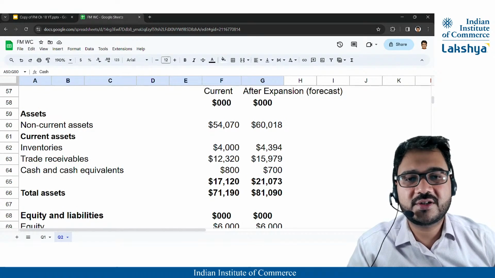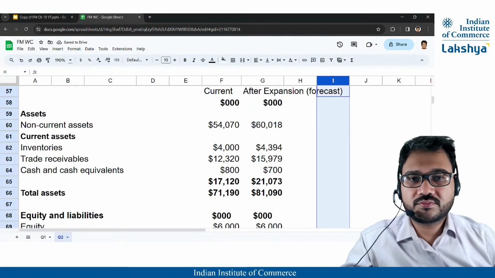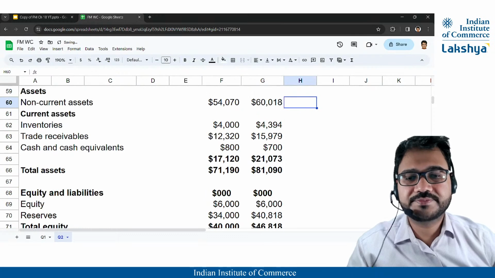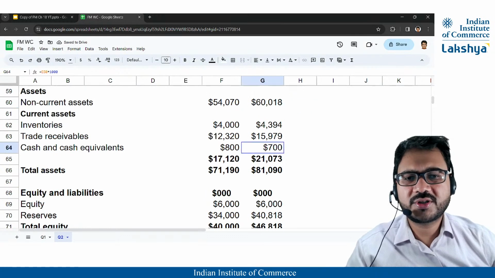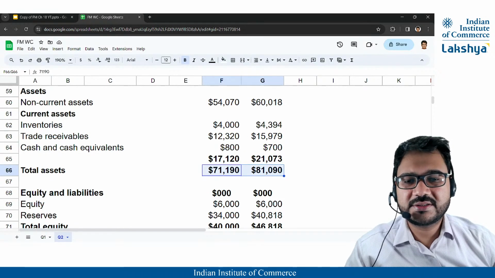So don't get confused. Remember, everything is in $1,000. Okay, so $700,000. So our assets are prepared. We add everything up. We find our total assets.